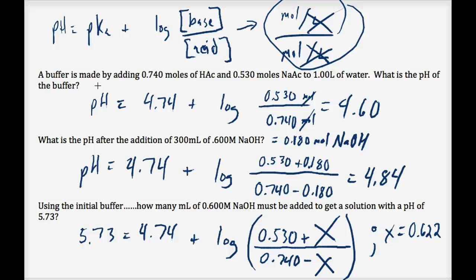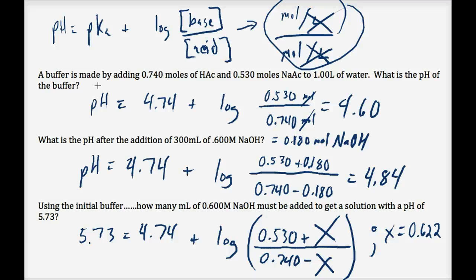So we have to use up quite a bit of our acid, and add quite a bit of base, to raise the pH that high to 5.73. Now, you could easily check this, and I'm going to do that very quickly. This time I'm not hitting pause.